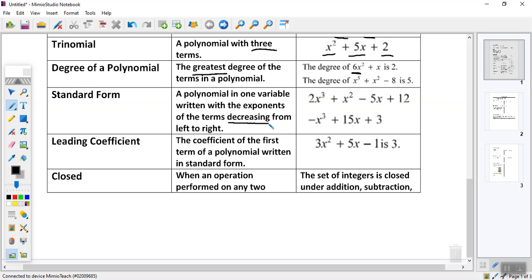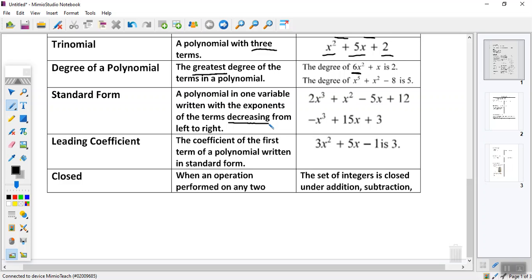So the leading coefficient is the coefficient out in front of the highest power. If x squared is my highest power right here, what coefficient's out in front of x squared? 3. So we call that the leading coefficient. What's the leading coefficient here? 2. What would the leading coefficient be in this one? Negative 1. So be careful on those.